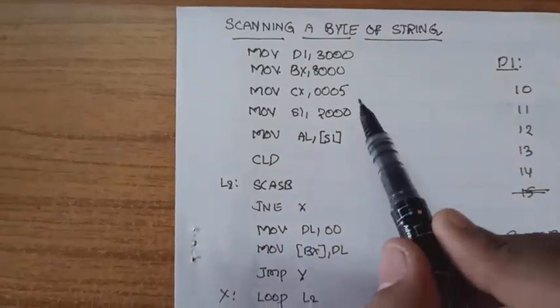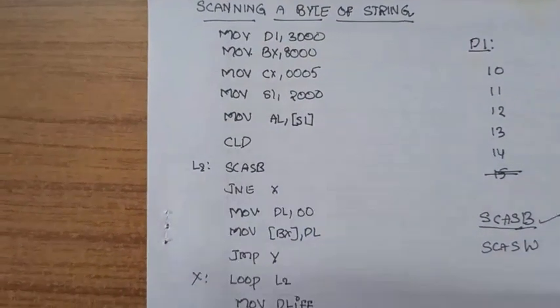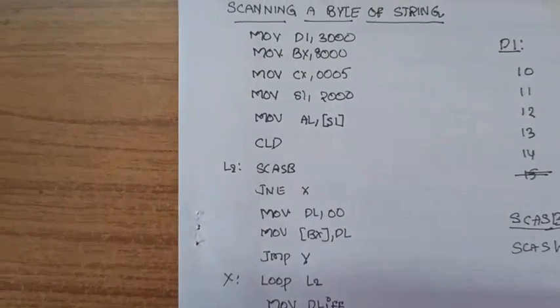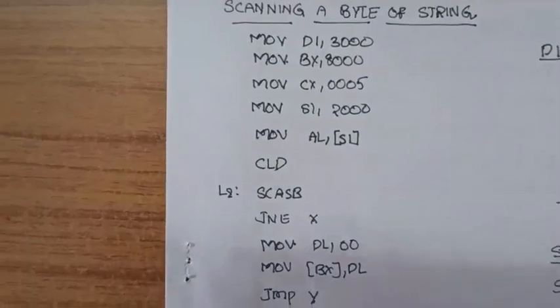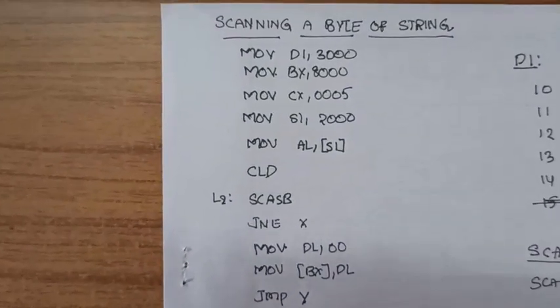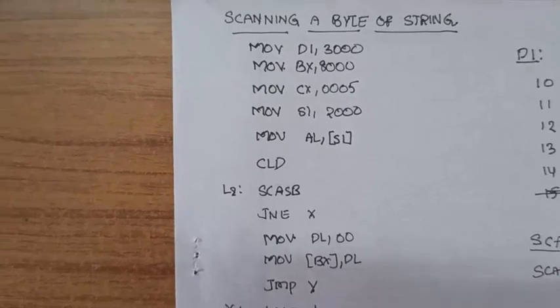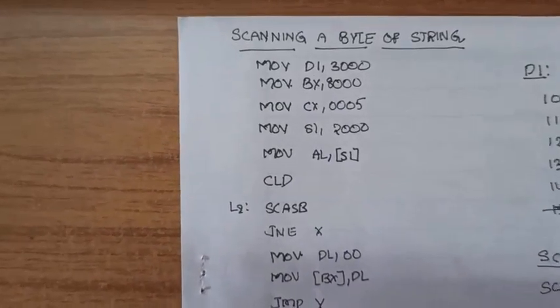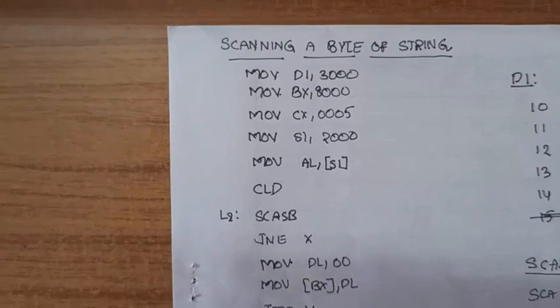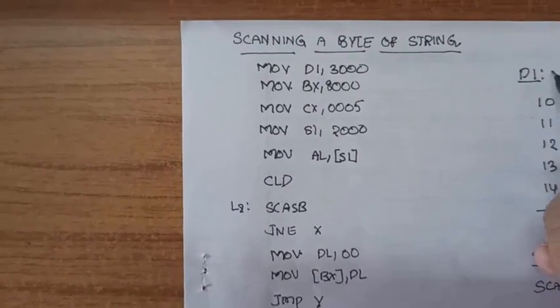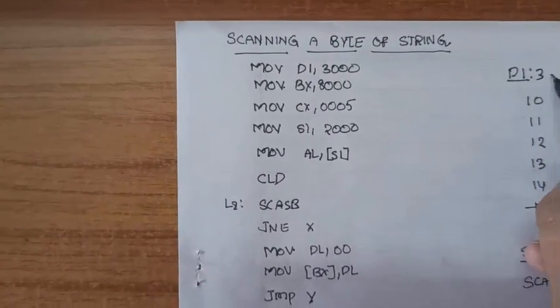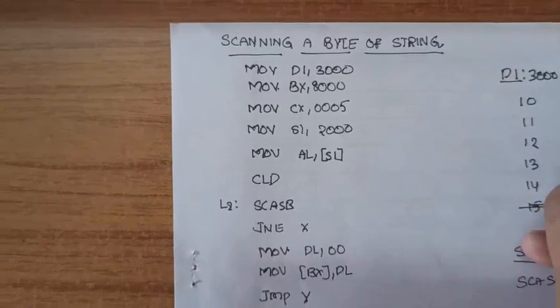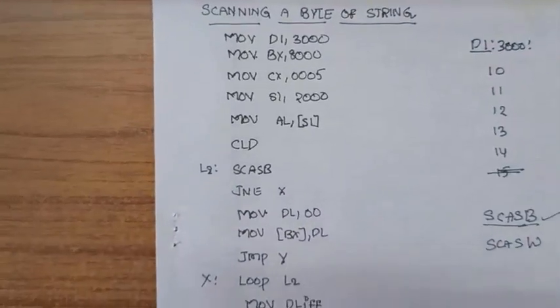To store the result, I am taking memory location 8000, and a count of 5 bytes of string. 2000 should have the data to be scanned, and 3000 should be loaded with the input string.